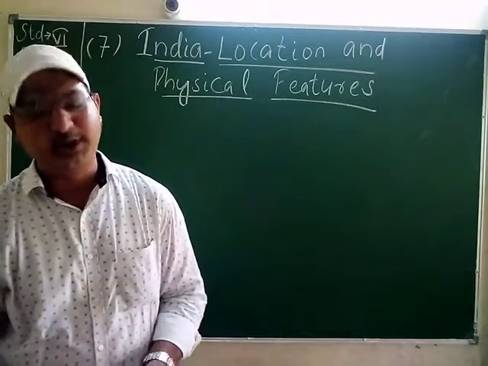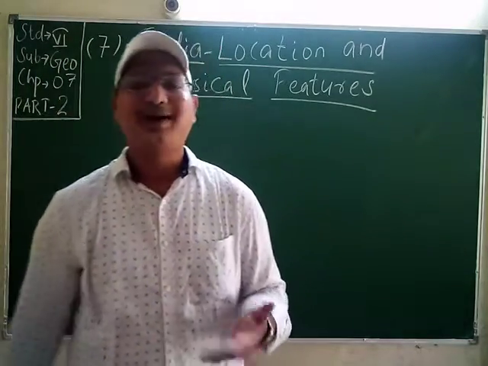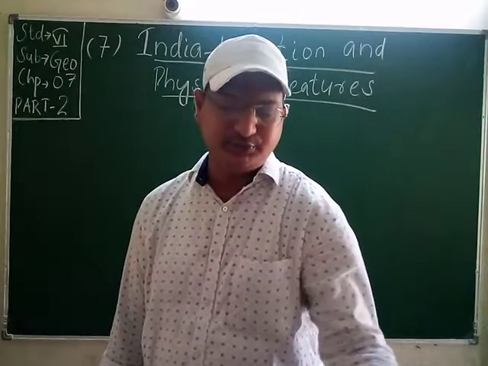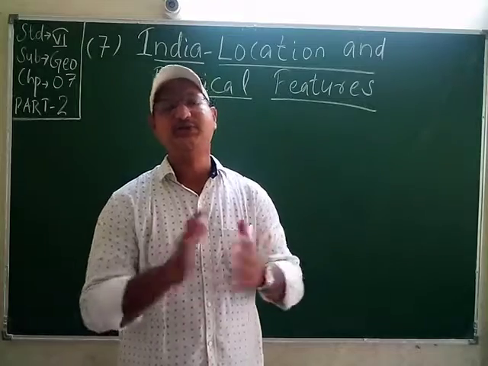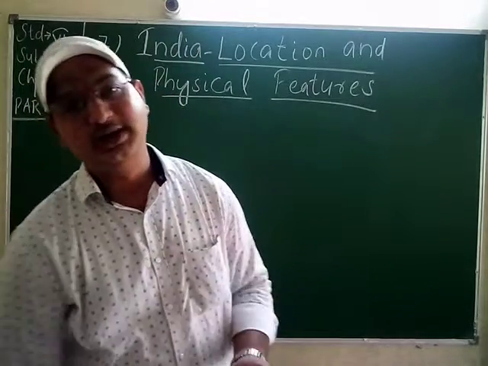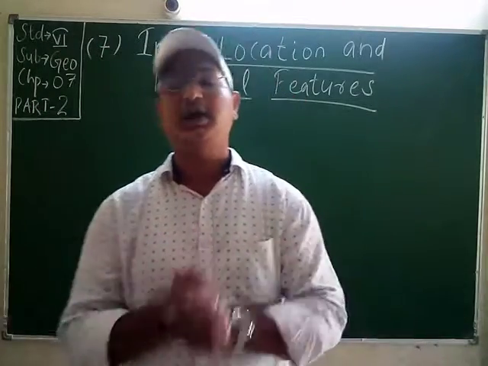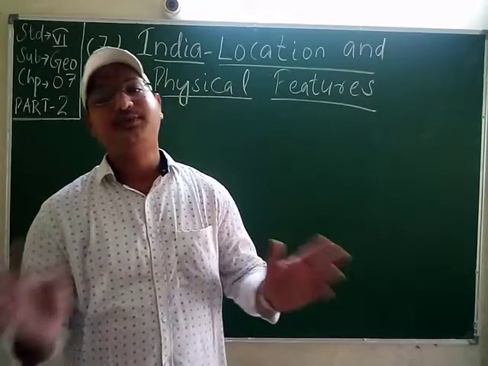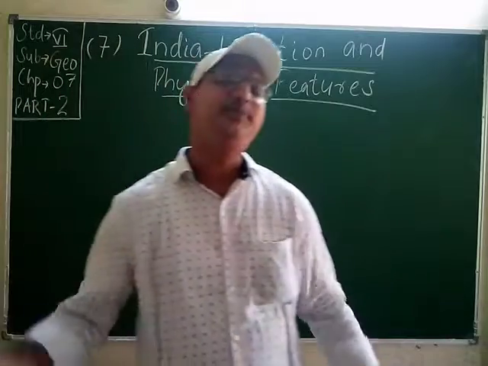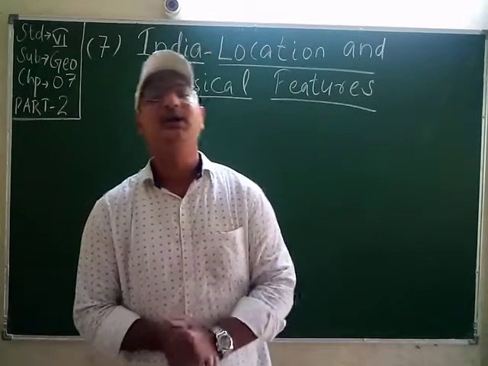Then the Great Plains, then the Thar Desert, then the Great Plateaus. The second last was the coastal plains, and the last, but not the least, was the islands. The islands are part of our mainland India, but they are situated in different directions and different oceans. The first is Lakshadweep and the second is the Andaman and Nicobar Islands.